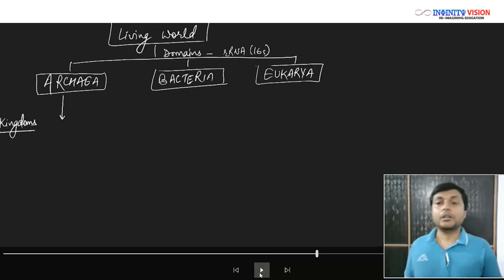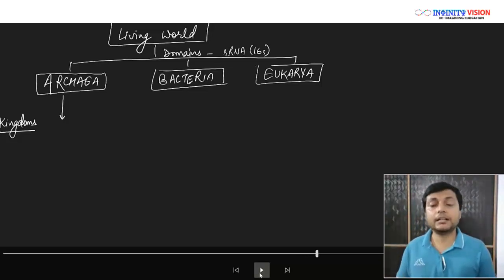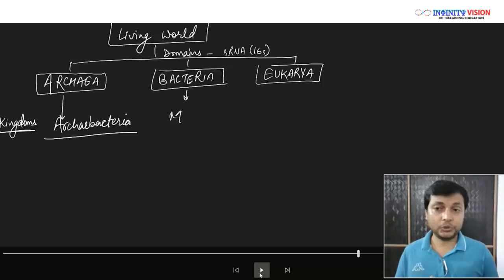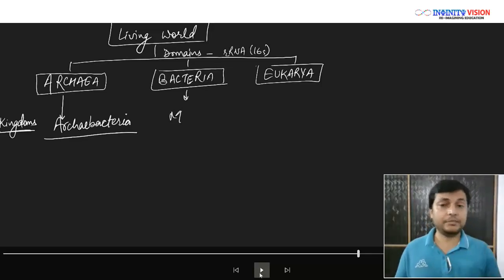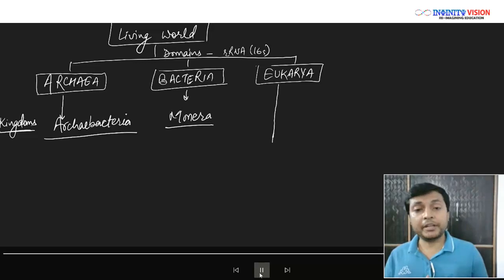The archaea domain is divided into kingdoms, and in the archaea domain there is only one kingdom, named archaebacteria. So archaebacteria is a new kingdom here. The bacteria domain is further divided into only one kingdom, and that is kingdom Monera.